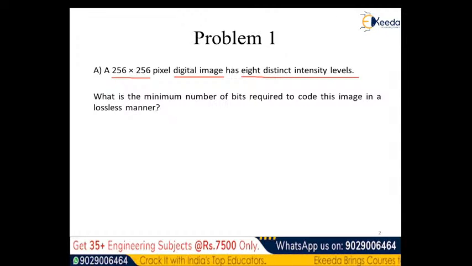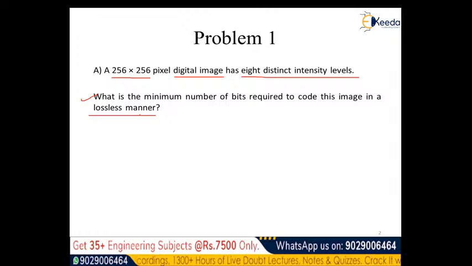We are asked: what is the minimum number of bits required to code this image in a lossless manner? This is the topic of image compression. In image compression there are practically two cases, lossy and lossless, and here we have been asked to consider the lossless condition. Surely we shall answer this question.